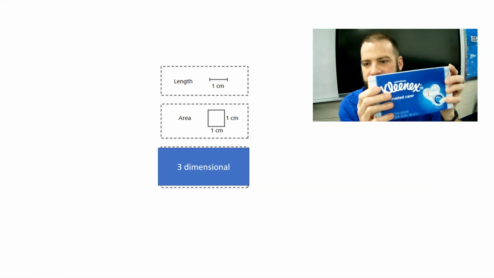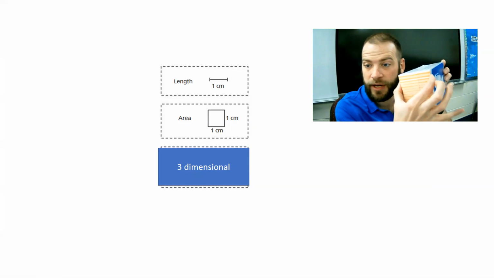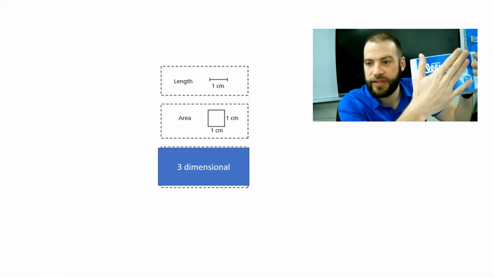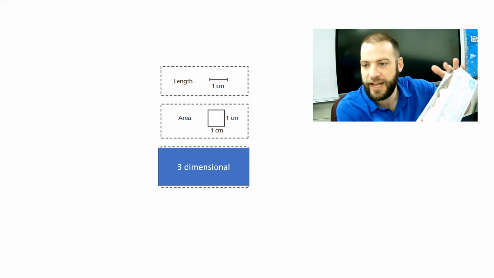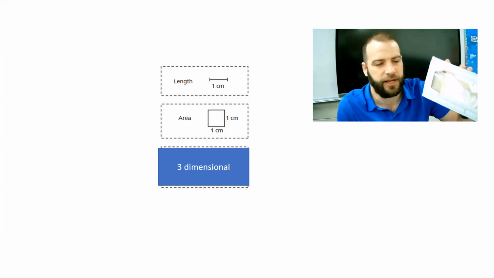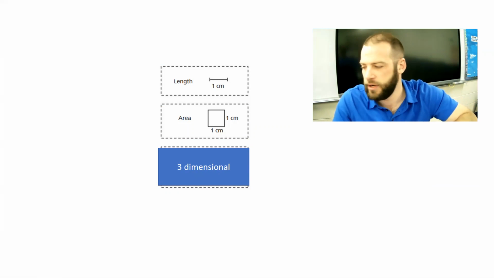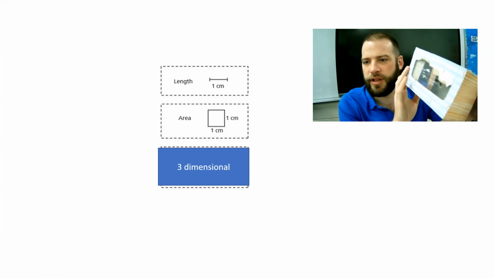And then that flat surface has a depth to it. It's not just a flat surface, it goes up and down, and it has an entire depth to it. In fact, you could fill it with something like these Kleenexes that I just destroyed, because this is a three-dimensional object.